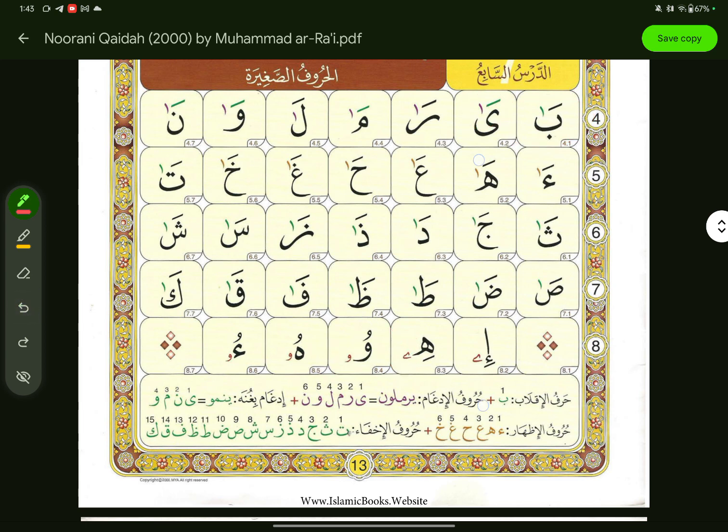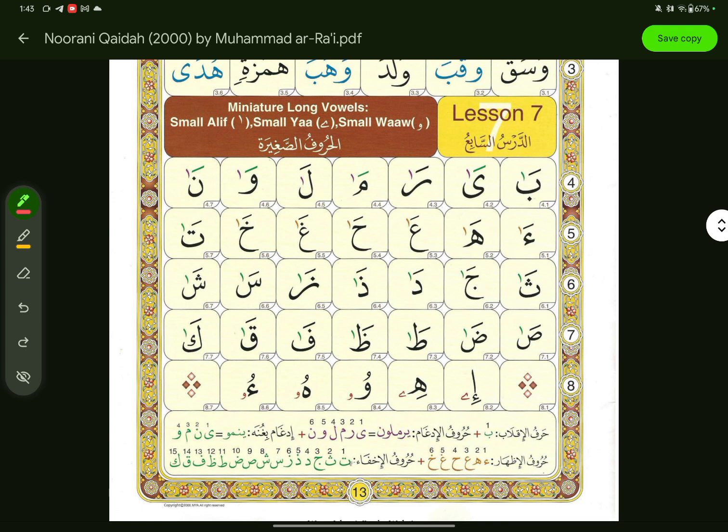These are an elongation tool, right? It's a miniature long vowel. Huruf saghira, right? So this is an alif here. That's an alif. This is actually a ya here, right? And there's a waw.